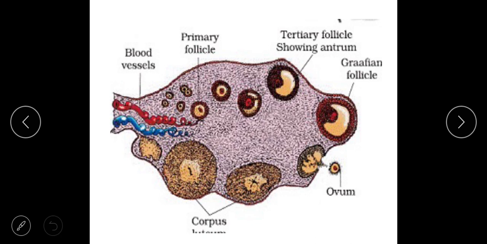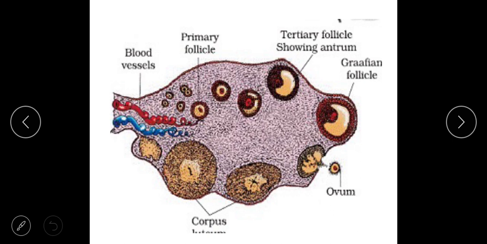Come now to the structure of the ovary. If you see the section of the ovary, what do you find? You can see the different types of follicles over here. It's written here: primary follicles, tertiary follicle, Graafian follicle. What are these follicles? I've told you that the primary oocyte, which is diploid, is formed when the female is in the embryonic stage.